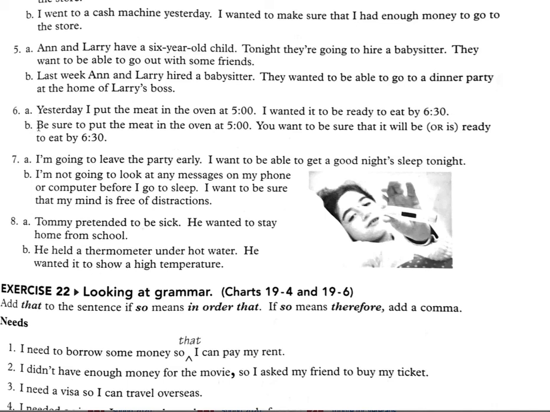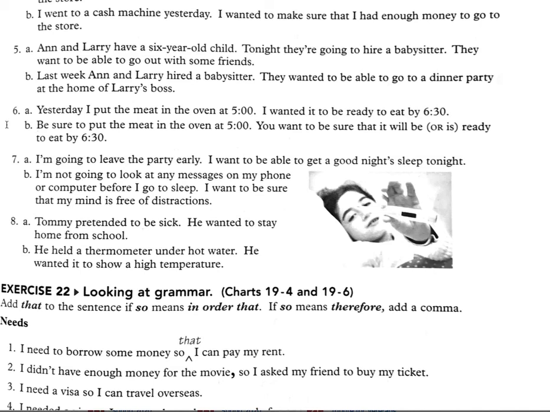Letter B. Be sure to put the meat in the oven at 5 o'clock. You want to be sure that it will be ready to eat by 6:30, or you want to be sure that it is ready to eat by 6:30. You can use either the present or the future. Okay?